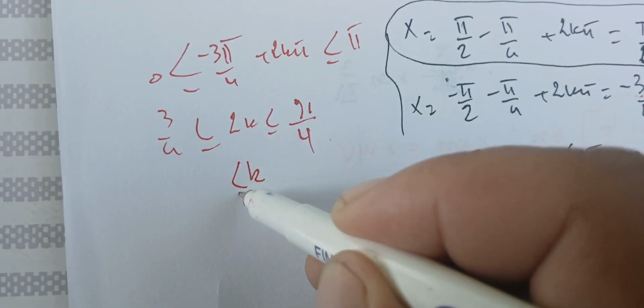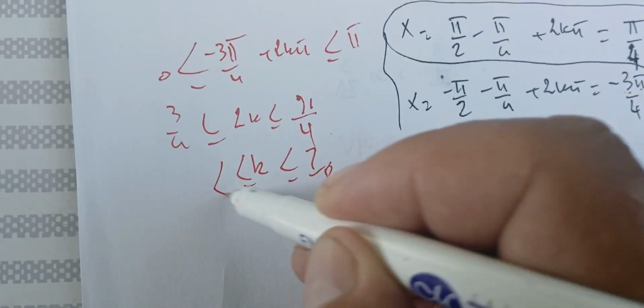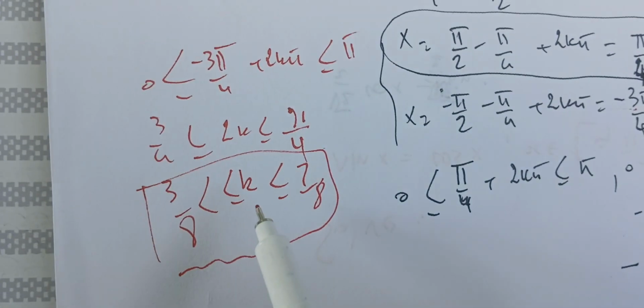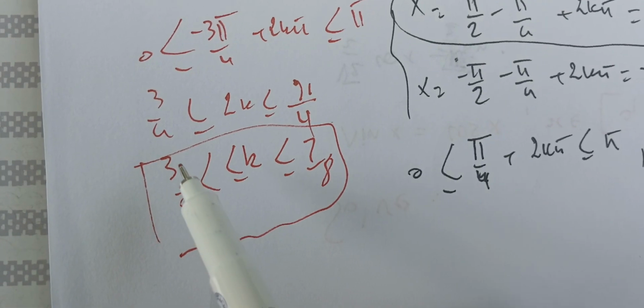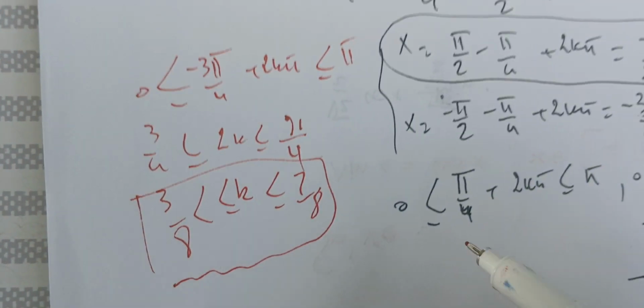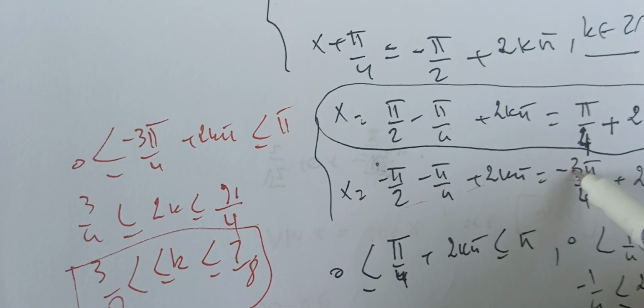Now if I want to get my k, k is going to be between 3/8 and 7/8. Is there a k, a whole number, between 3/8 and 7/8? There is no such number. Therefore, there is no x that would satisfy this condition. So there is no x solution.